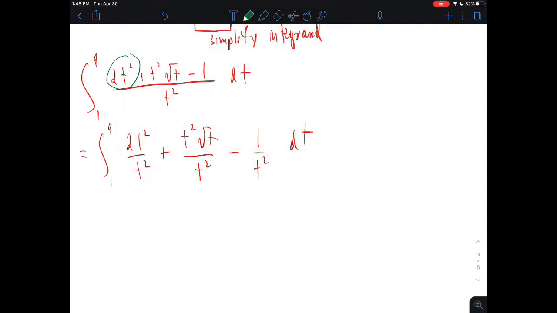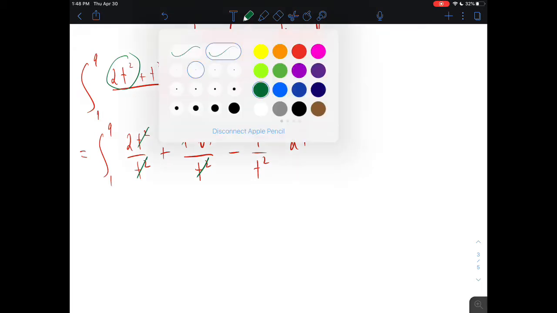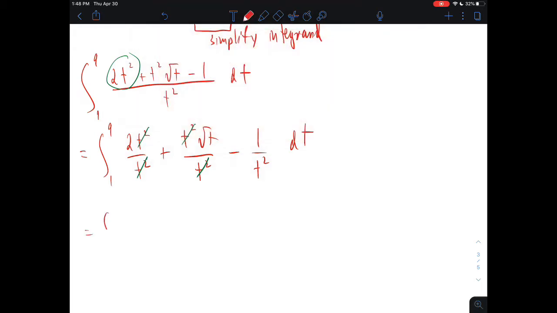There's a common factor of t squared in the first fraction. There's a common factor of t squared in the second. And in the third fraction, there isn't anything to cancel, so it just is 1 over t squared. So this gives me the integral from 1 to 9 of the constant 2 plus the square root of t minus 1 over t squared dt.